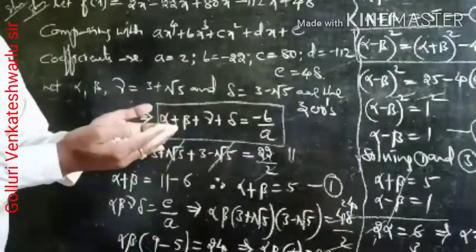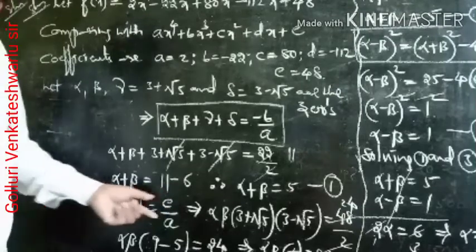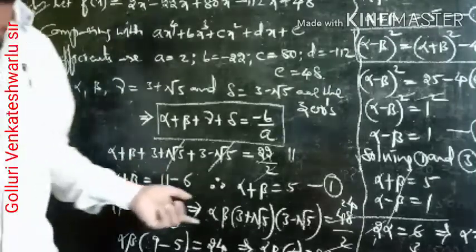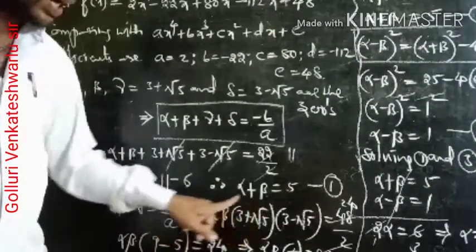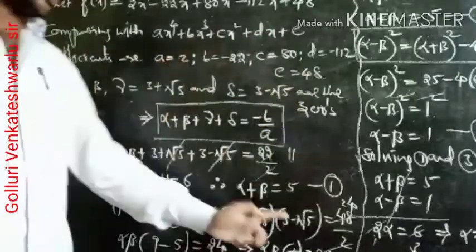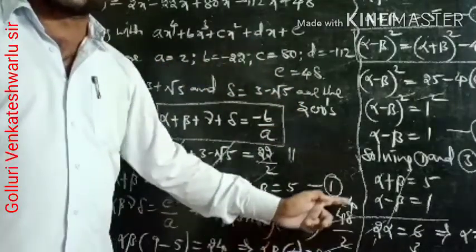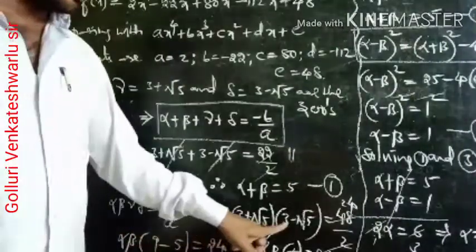What about the second condition? Product of zeros will be equal to e by a. We need to multiply all the zeros: alpha into beta into gamma into delta, which is equal to e divided by a, that is 24 by 2. Here it is in the form of a plus b into a minus b.